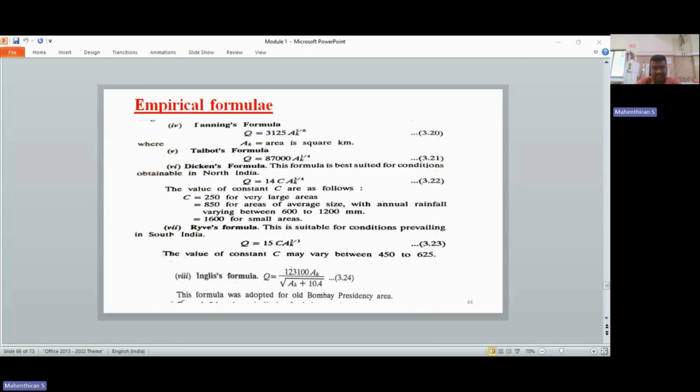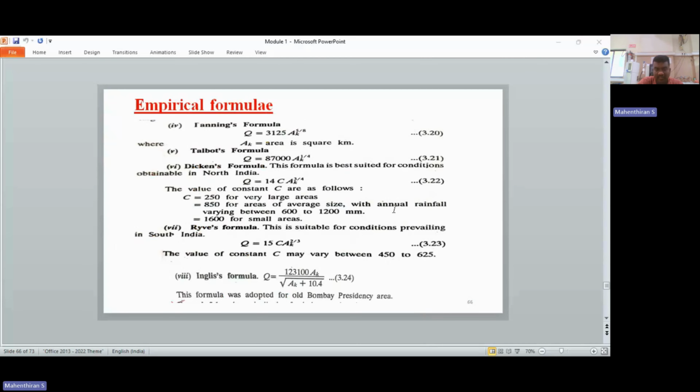Now, next we are looking into Ryves formula. The value of constant C may vary between 450 to 625.